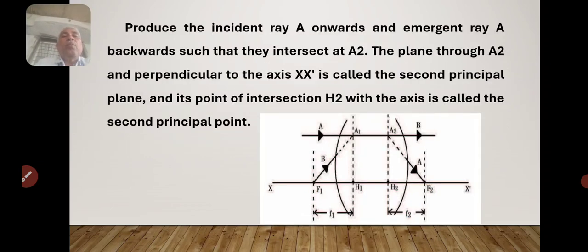Produce the incident ray A and the emergent ray A backward such that they intersect at A2. The plane through A2 and perpendicular to the axis XX' is called the second principal plane, and its point of intersection H2 with the axis is called the second principal point.